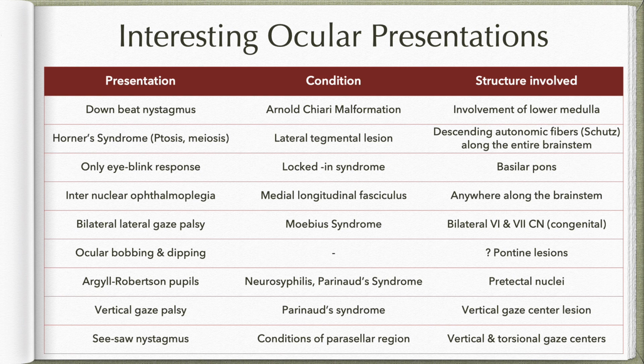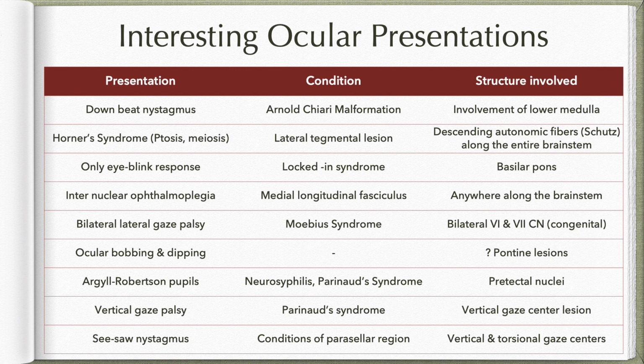Then we get a condition called Argyll-Robertson pupils, where there is dissociation between the convergence reflex and the light reflex. In Argyll-Robertson pupils, the accommodation or convergence reflex is present, but the pupillary reflex is absent. In the pseudo Argyll-Robertson pupil, the convergence reflex is present and the pupillary reflex is only mildly present.